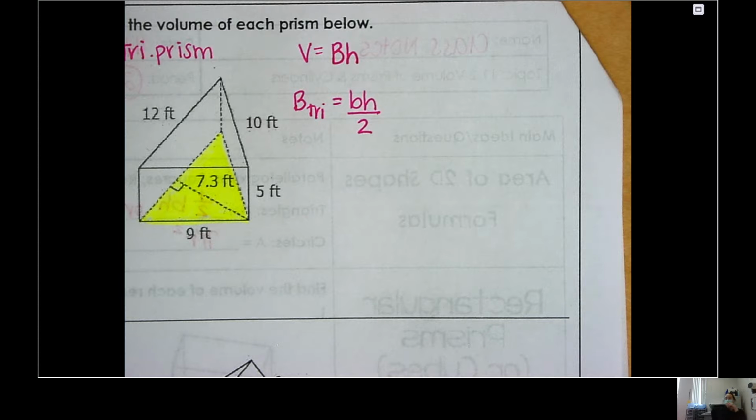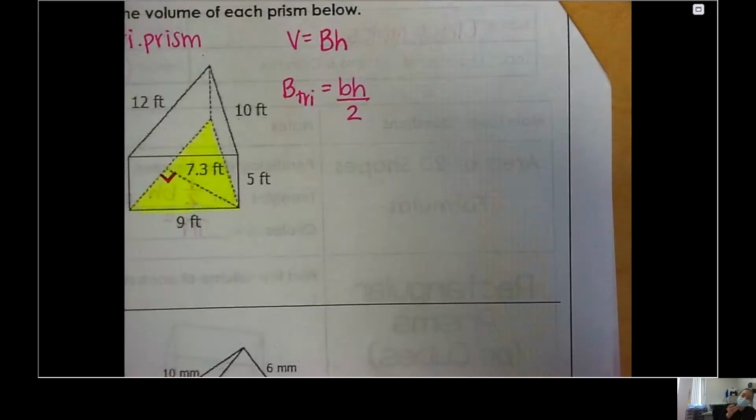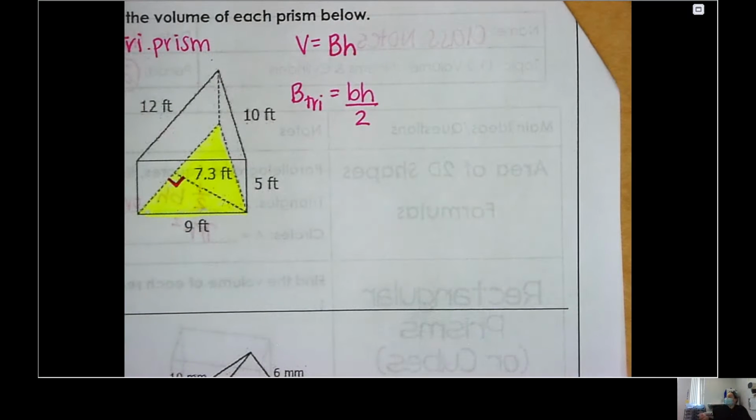What's the height of the triangle? That one should be easy. Try 7.3. So if you look for the 90-degree angle, always, the two numbers that are attached to the 90-degree angle are going to be your base and your height. So I agree.